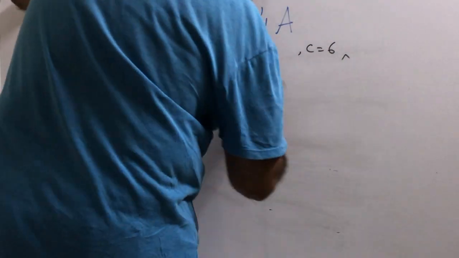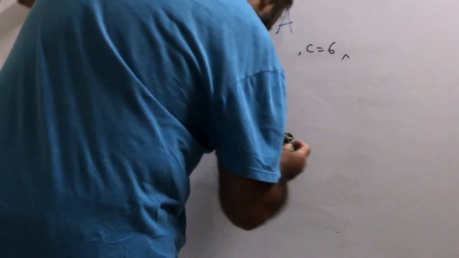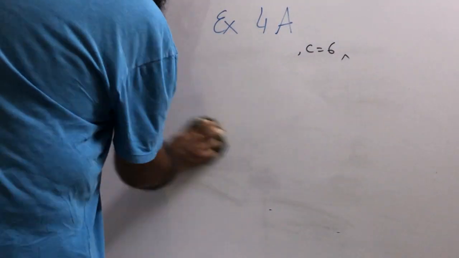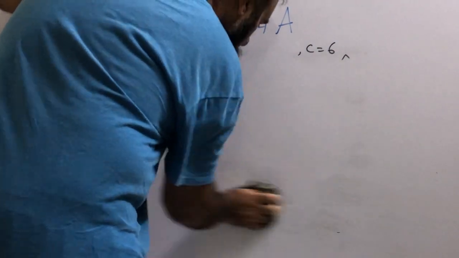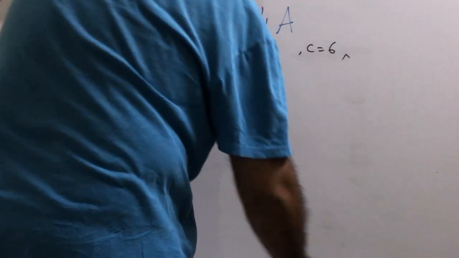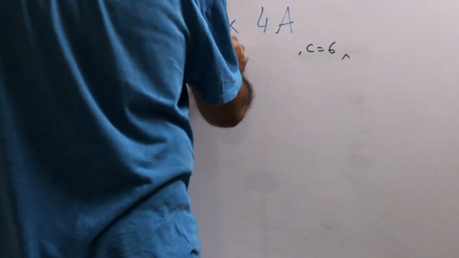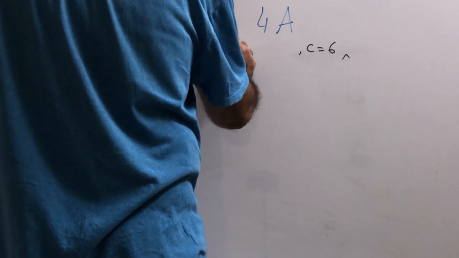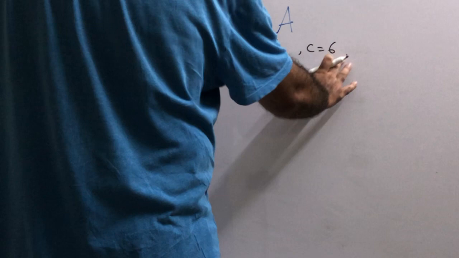For question number 3, we are doing exercise 4A. Now we will move ahead to solve the last part of question 3, which is part D. So values remain the same. A is equal to 3, B is equal to minus 5 and C is equal to 6.